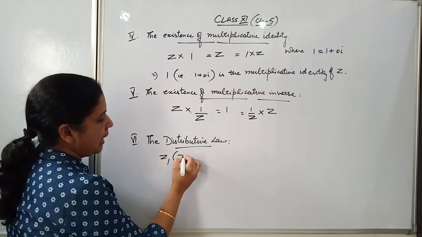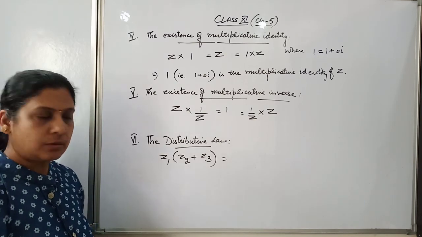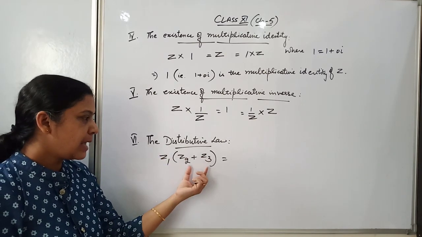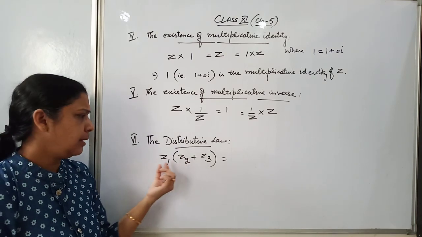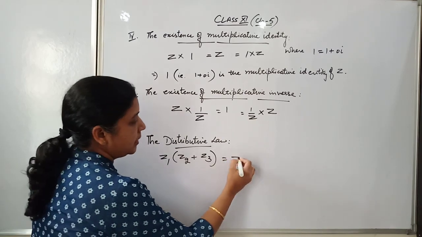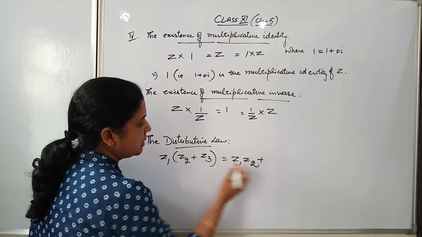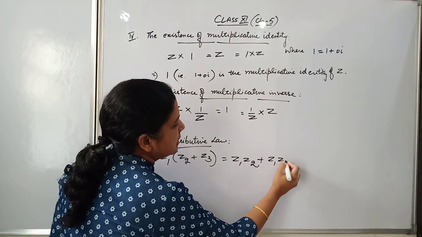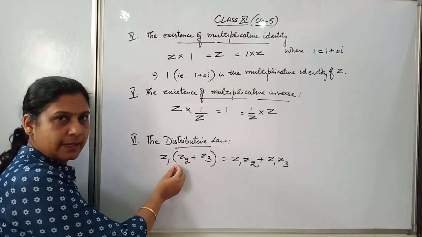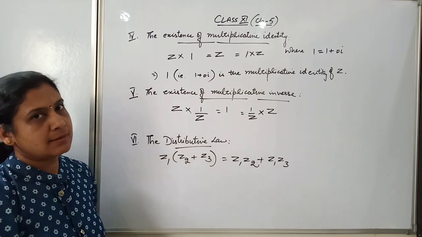Supposingly, I have 3 complex numbers z1, z2 and z3 and I want to solve for this. Some of the students will actually be adding z2 and z3 first of all and then they'll multiply with z1. But some will think that this z1 can be multiplied with z2 plus and then this can be multiplied with z3. This is known as, this product of z1 has distributed over the addition of complex numbers.